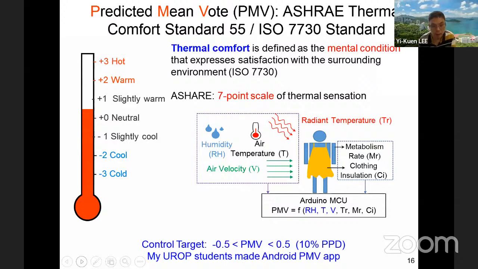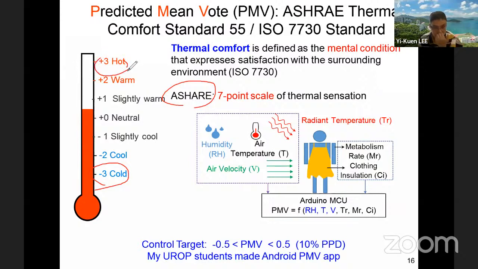Of course, as I was mentioning, in the industry they do have this kind of industrial HVAC standard. It typically is a 7-point scale of human thermal sensation: -3 is very cold, +3 very hot.